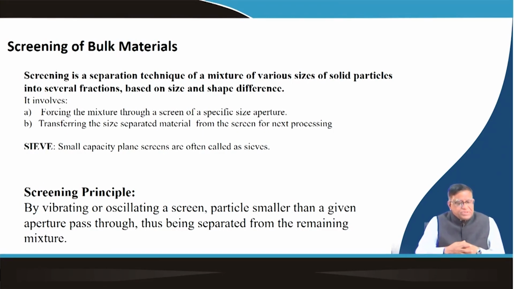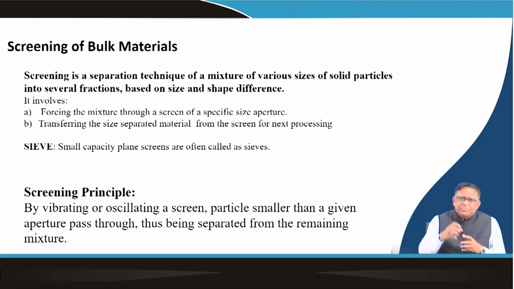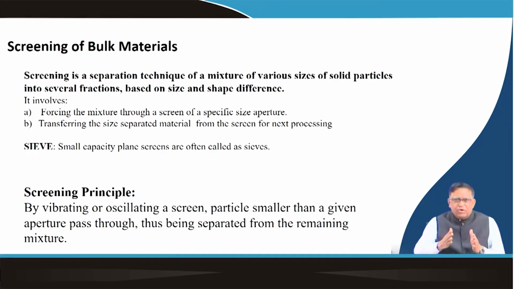Now, how will that separation be done? You will have some standard hole, square or rectangular or different shape of perforations, a perforated plate, or some gap through which a particular size will go. Screening is just allowing something to pass forcibly through a designated gap.